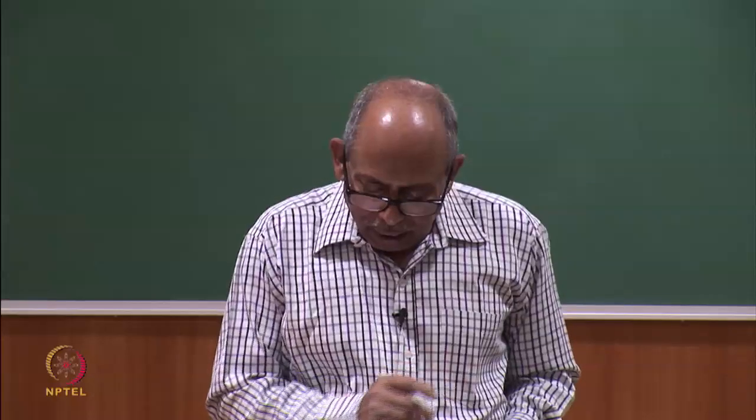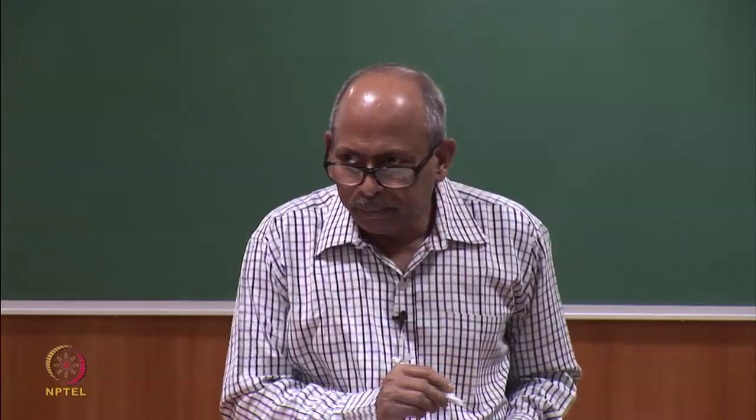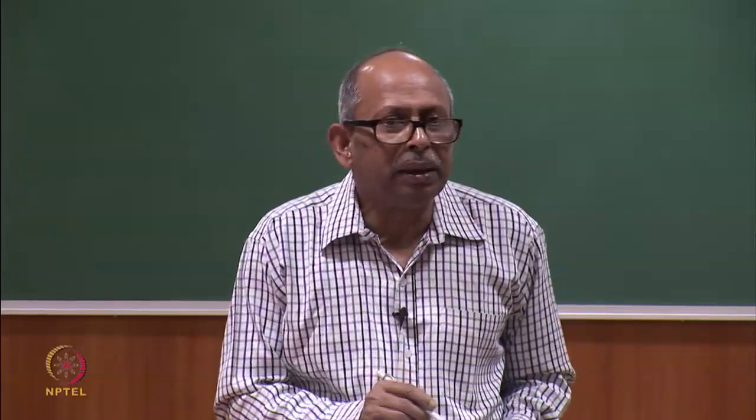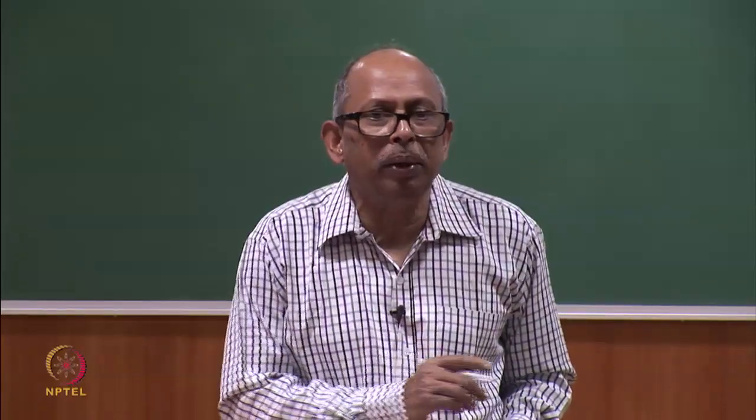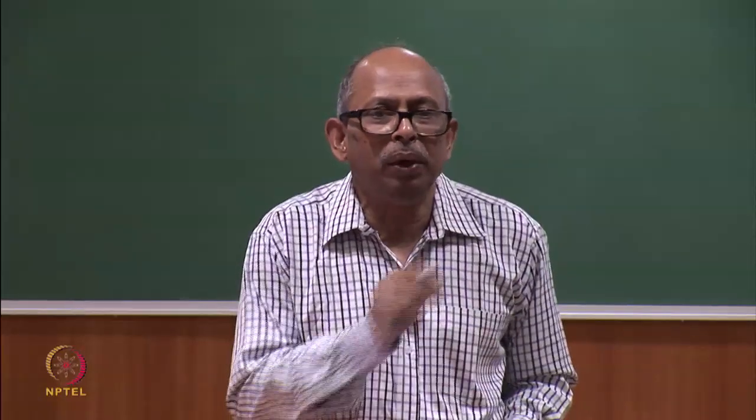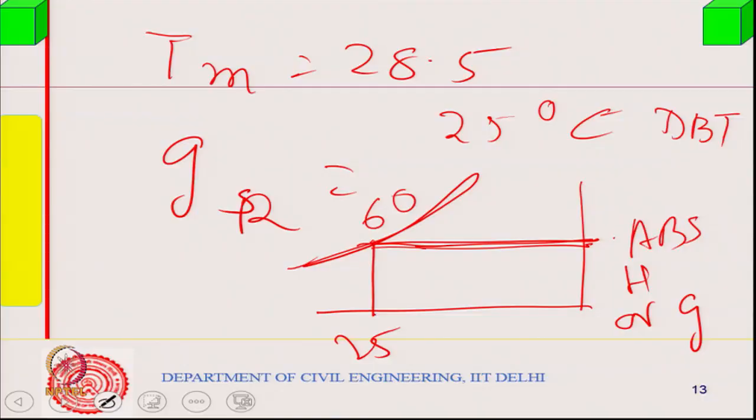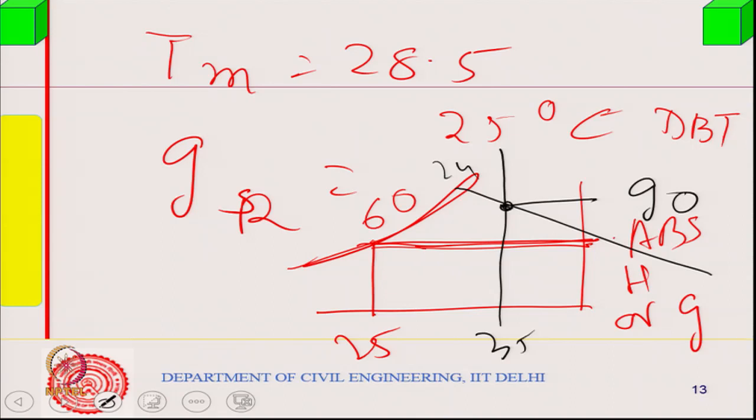Similarly, for outside, what is given? Outside is 35 degrees and WBT is 24. So, in the case of outside, you go to 35 and the WBT line of 24, check where this cuts, and come across to get G outside.